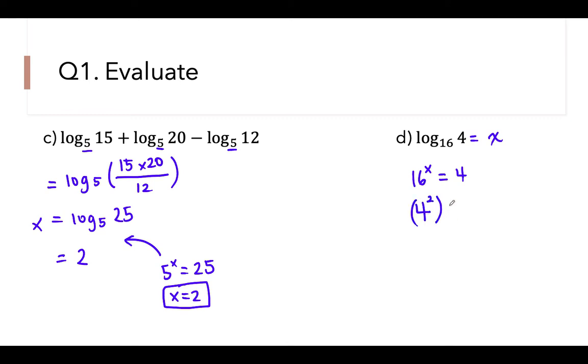So 4 squared to the x is equal to 4. Since it's the same base, we equate the exponents. So 2x is equal to, there's an invisible 1 here. Therefore, x is equal to 1 over 2.